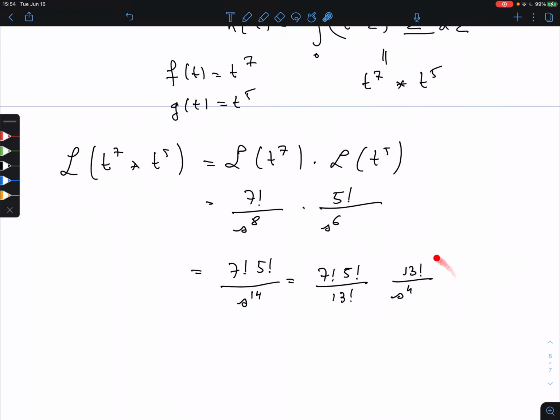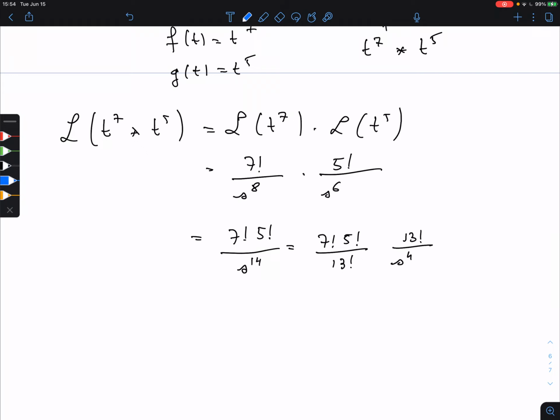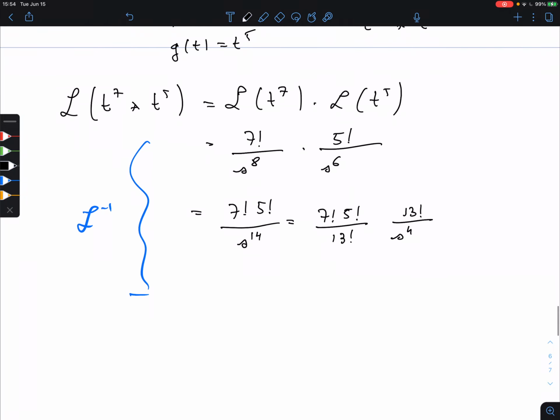But I know what the inverse Laplace of this function is. So I'm going to now take the inverse Laplace again. What do I get on the left-hand side? Well, t to the 7th star t to the 5th, because that's just cancelling the Laplace. What do we get here? 7 factorial, 5 factorial over 13 factorial, times the inverse Laplace of 13 factorial over s to the 14th.